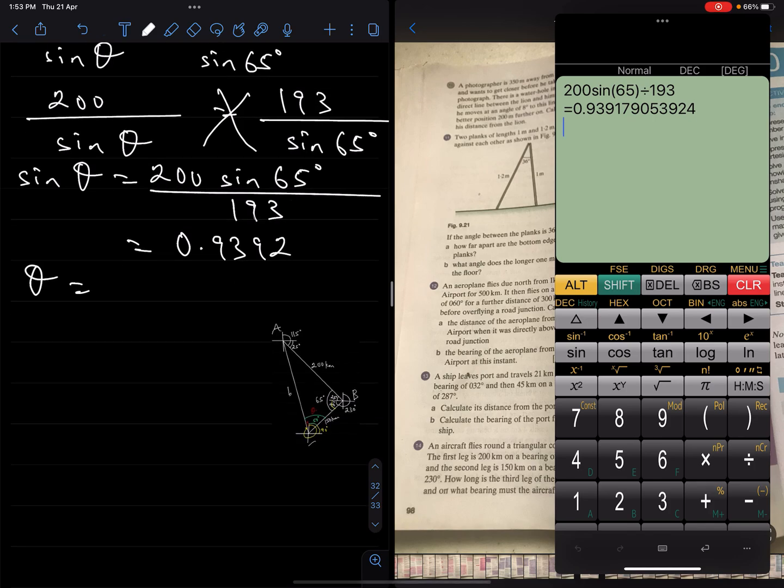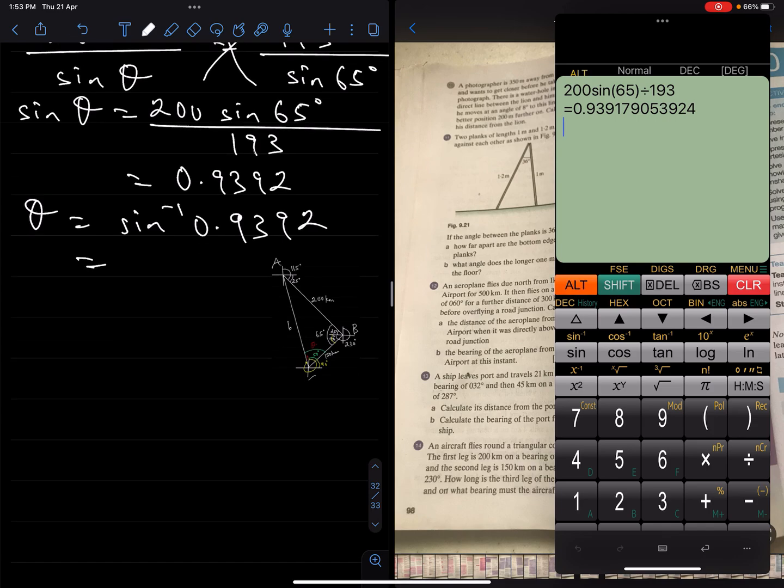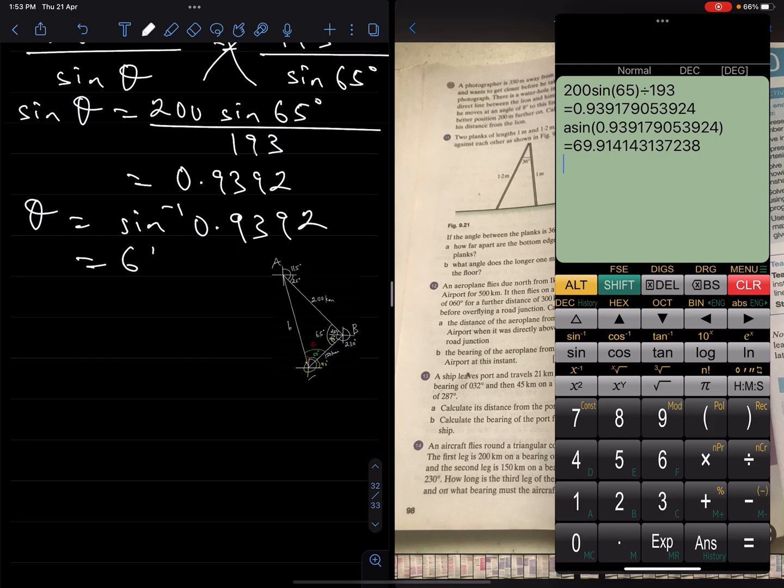So theta is therefore the sine inverse of 0.9392. Sine inverse of that answer is 69.914 degrees.